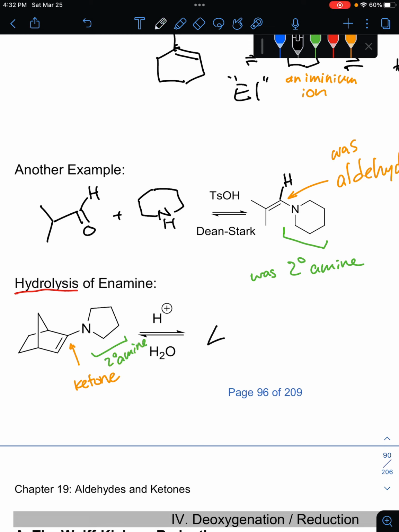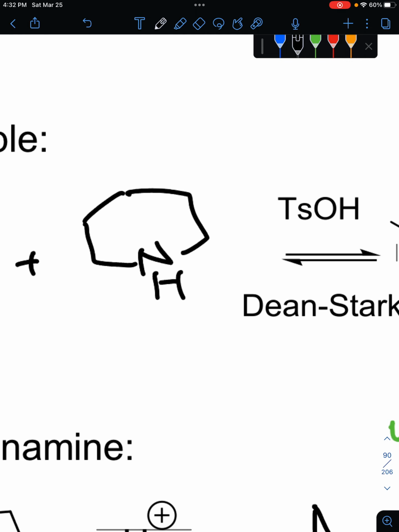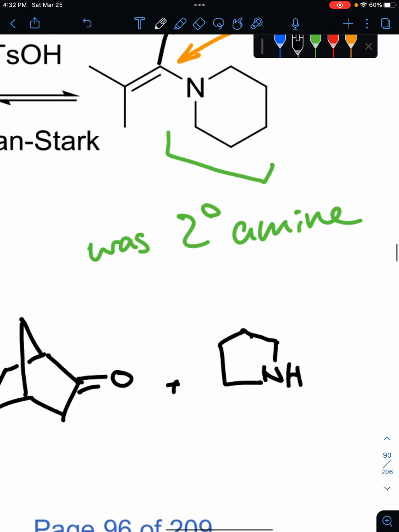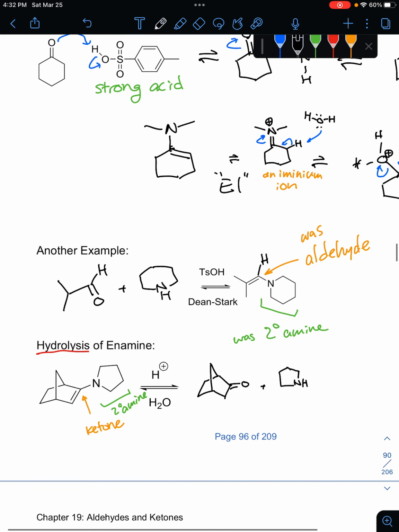So the product ketone after the hydrolysis should look like that, plus this 5-membered ring amine. It's called pyrrolidine. The other one here is piperidine, and this is pyrrolidine, and that would be the product there.